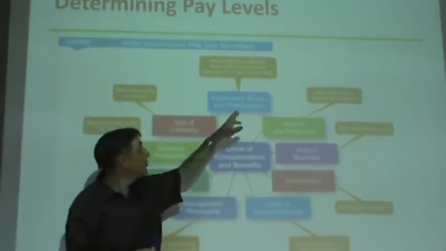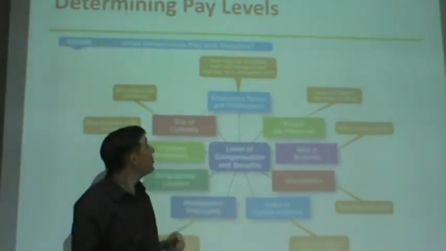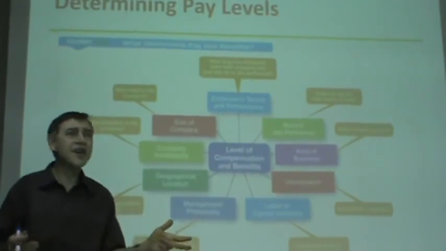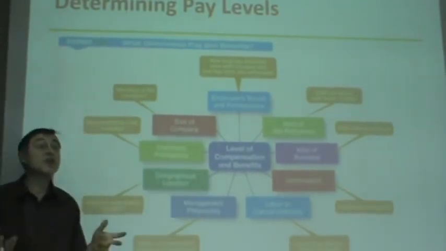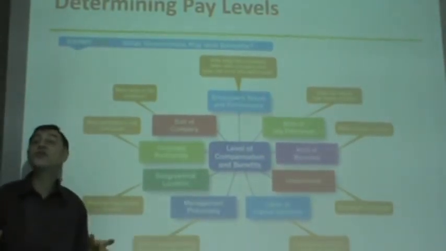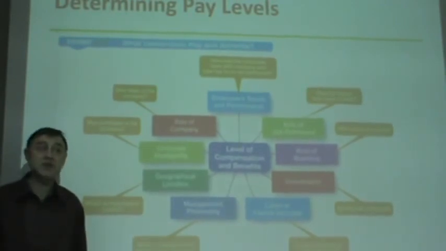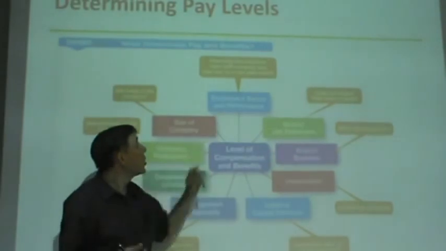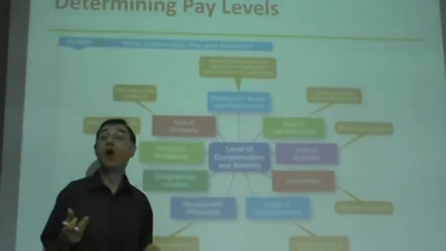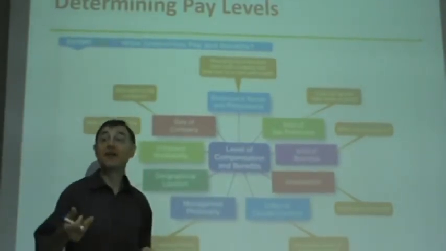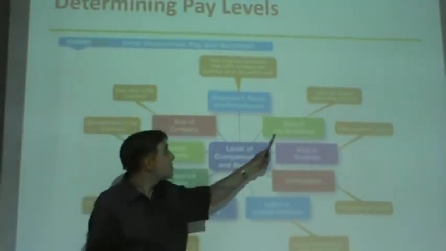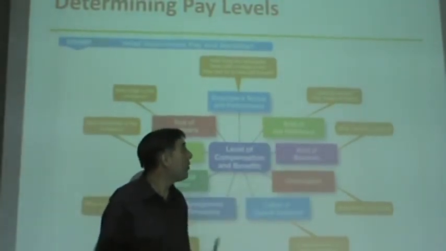And two more to finish. The first is employment tenure. If you've been working for 6 months, you're not going to be getting a lot of money. But if you've been working for 10 or 15 years, if you've got the experience, the knowledge, the skills, you're likely going to be getting a whole lot more than the average employee. And the last one is the kind of job to perform.